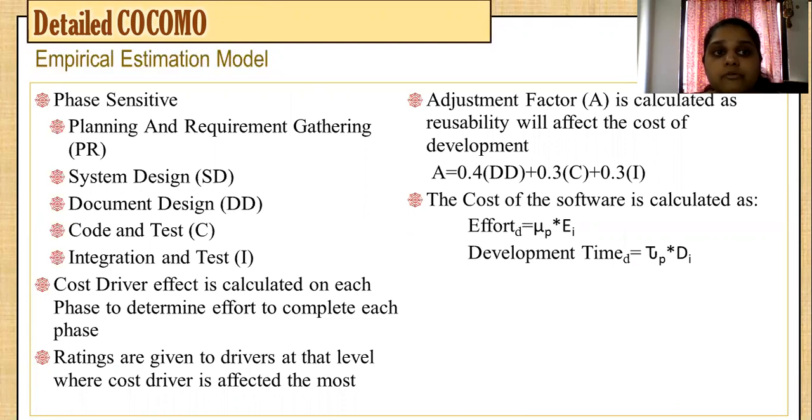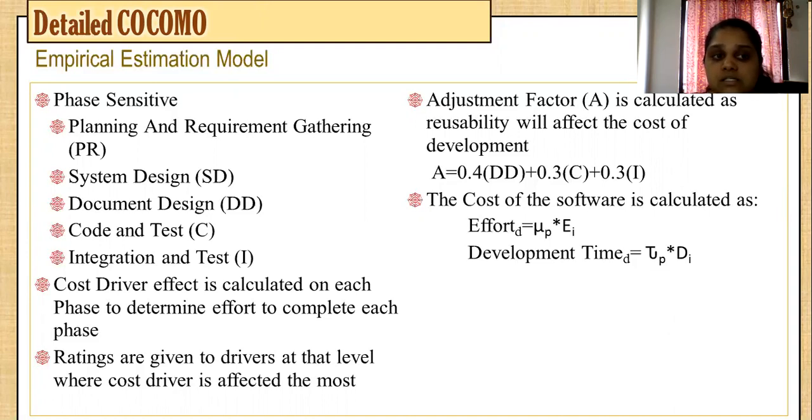Now, before you move into detailed COCOMO, you should know the basic difference between basic COCOMO, intermediate, and detailed. Detailed is something which is phase sensitive. Now, what do you mean by phase sensitive? Phase sensitive means you are dividing the detailed COCOMO cost calculation based on the phases of development, or you can say the software development life cycle, or SDLC.